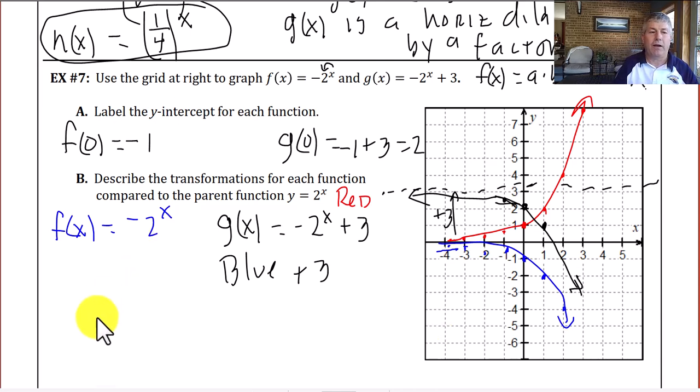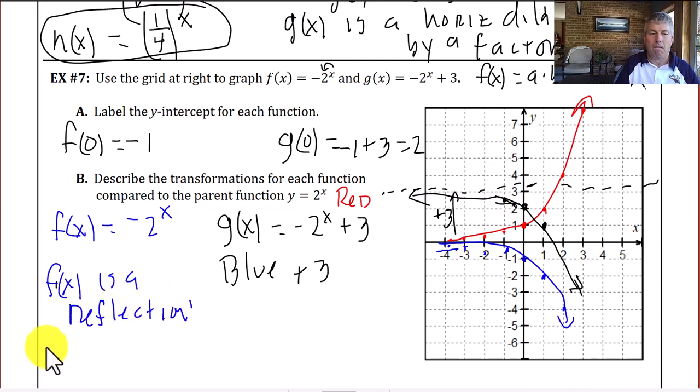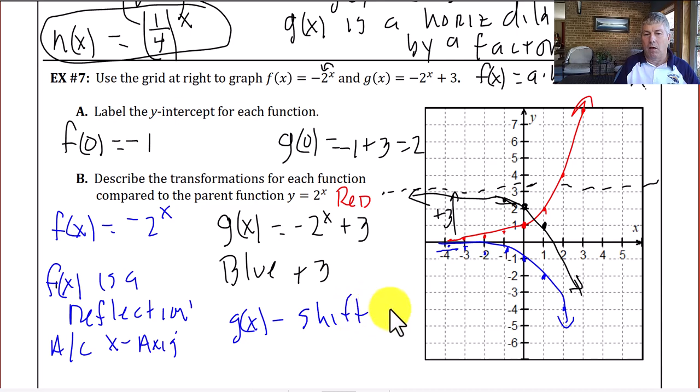So describe the transformations. F of x is reflected across the x-axis. So the blue one, f of x, is a reflection across the x-axis. And g of x is a shift up 3 of f of x.